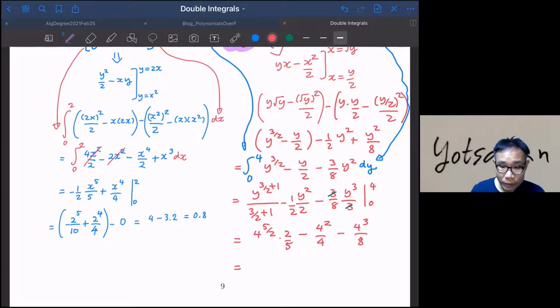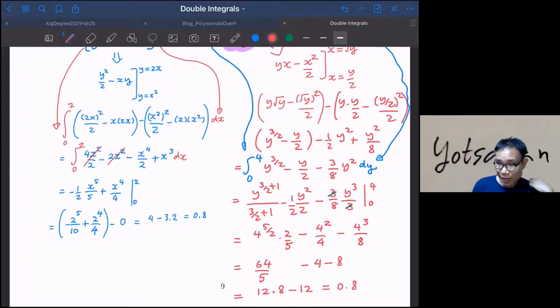For this one, you would just have minus 4, and for this one minus 8. And 4 to the 5 over 2 is going to be 64 over 5, so for this one it's going to be 12.8 minus 12, so this one is going to be 0.8.